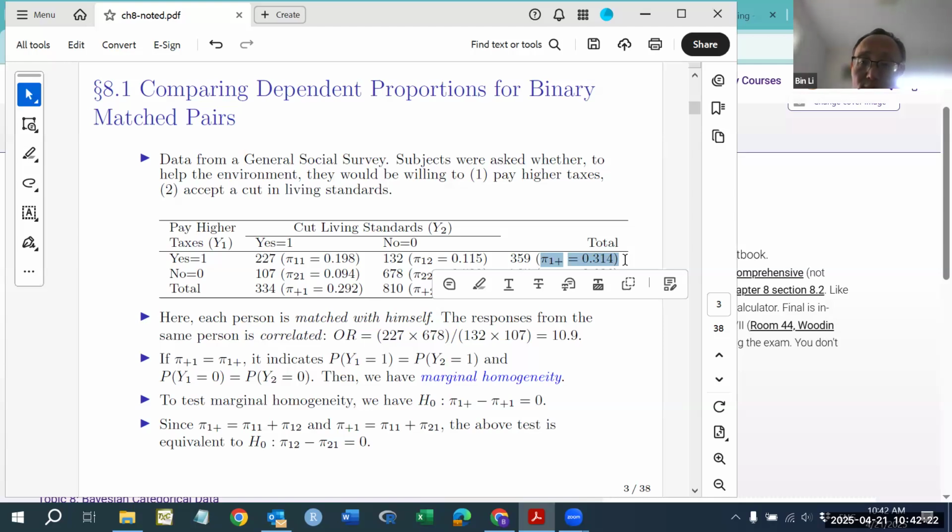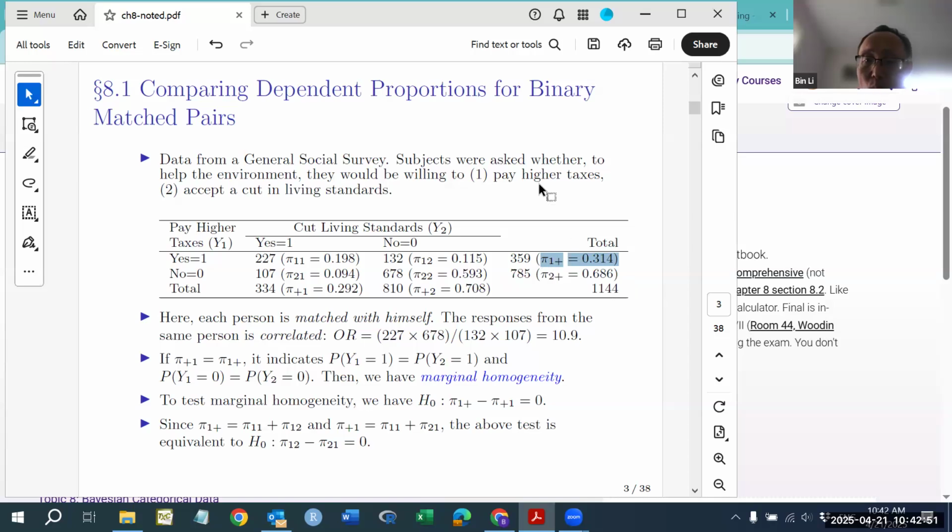But for this one, we cannot treat them as independent observations because they are dependent. They are correlated, they are matched within the same subjects, right? So we need to do a test that can account for the dependence. So let's take a look. What is pi 1+?